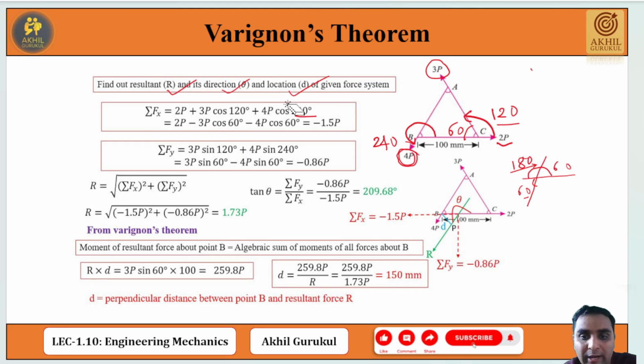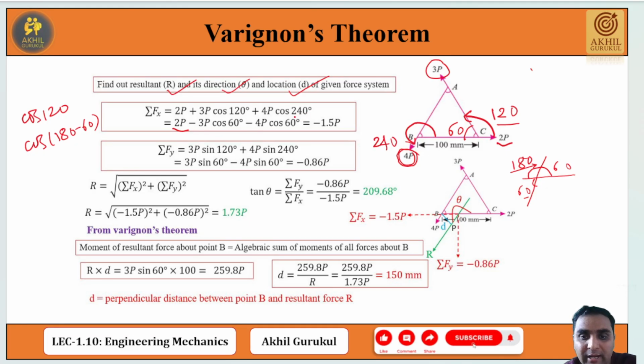We can also write 2P minus 3P cos 60. So we can write that cos 120 is equal to cos of 180 minus 60, which equals minus cos 60.